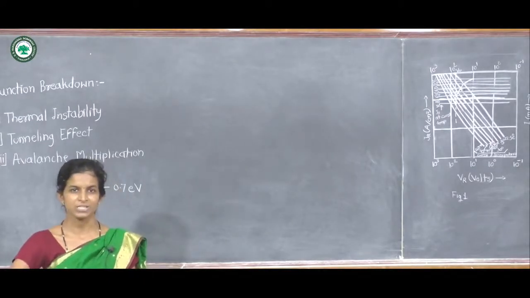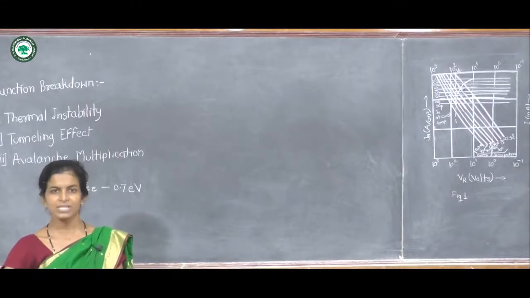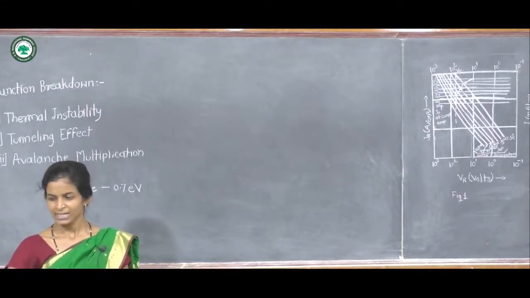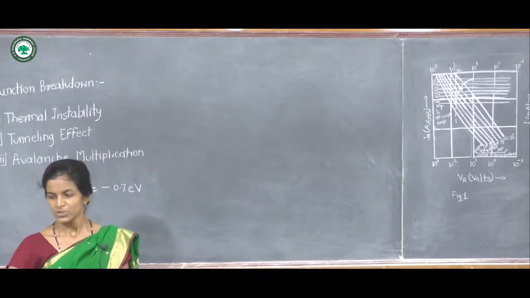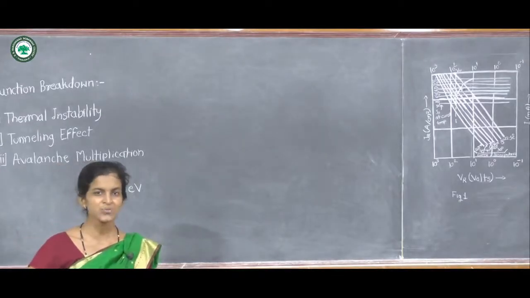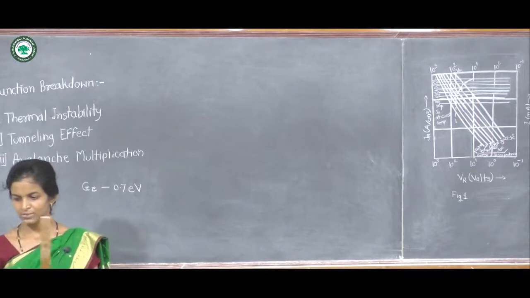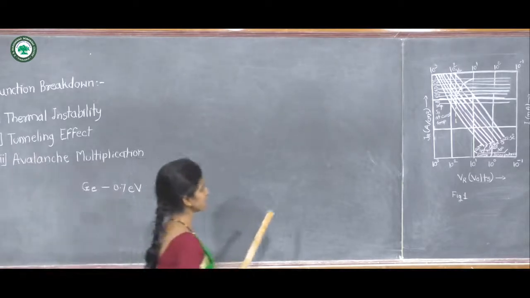These lines correspond to curves of constant junction temperature. The reverse IV characteristic of the junction is obtained by joining the intersection points of the curves of constant junction temperatures.